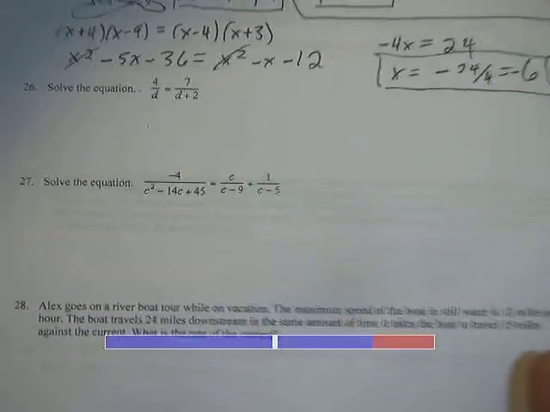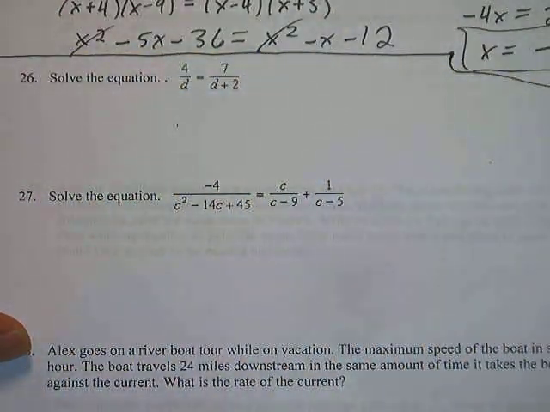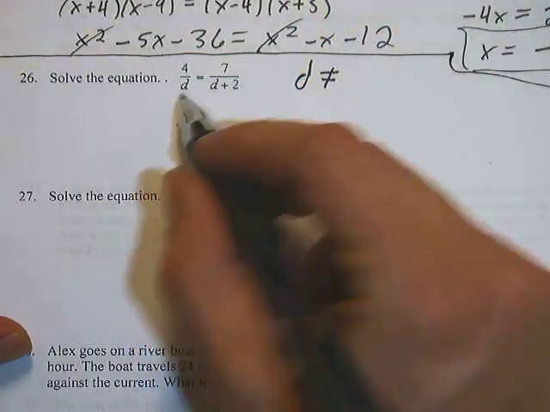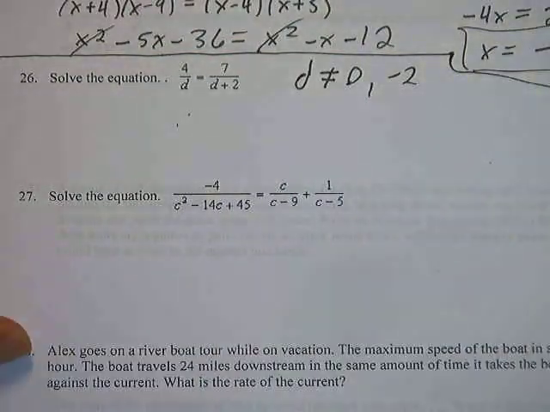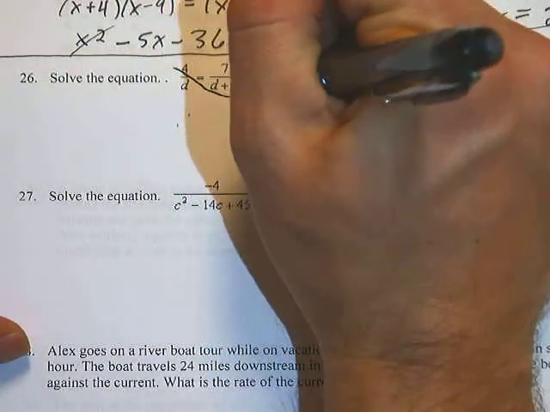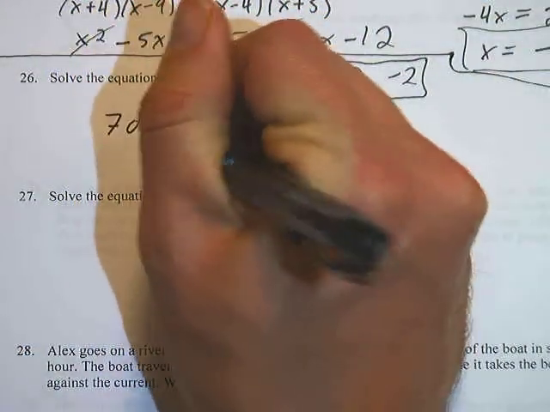On number 26, another solving equation. Start the same way. List those restricted values. In this case, we're talking about D, which cannot equal two things. We don't want it to equal 0 or negative 2. A little box around that.